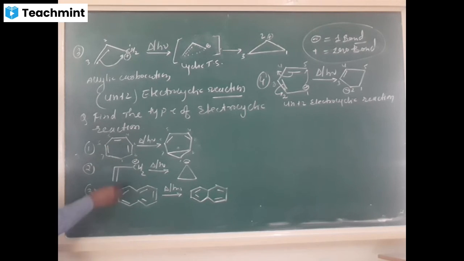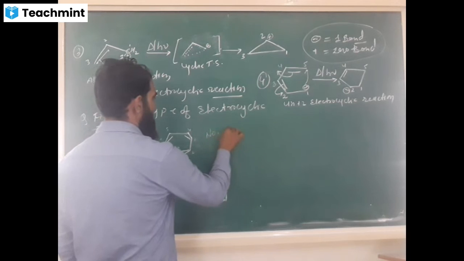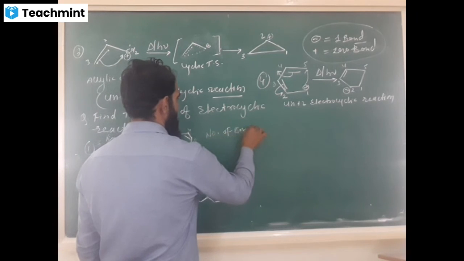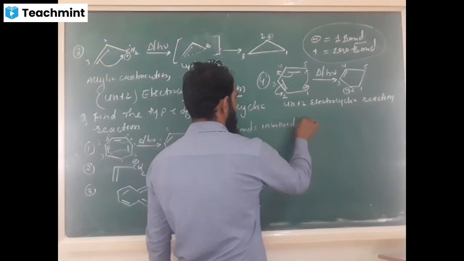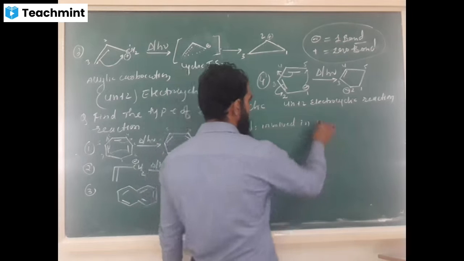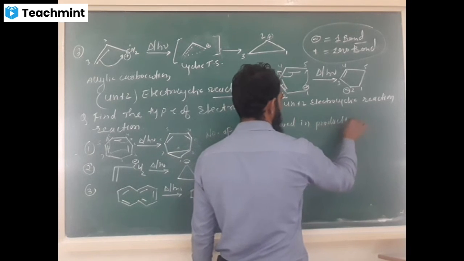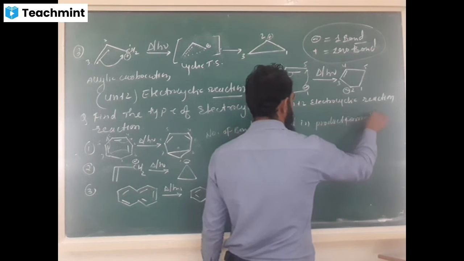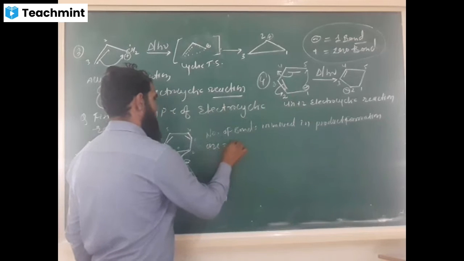So we can say that the reaction takes place in this way, and the number of bonds involved in product formation is 3. So here we can write: number of bonds involved or utilized in product formation are 3.